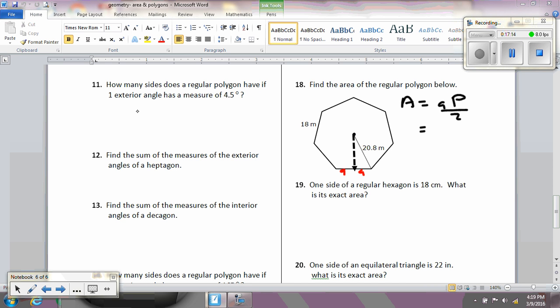In order to find the apothem, I would use 9 squared plus b squared is equal to 20.8 squared.